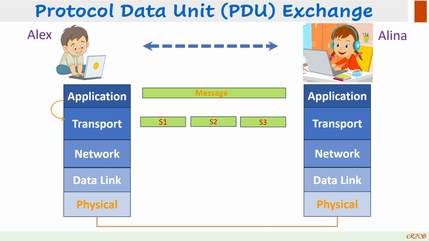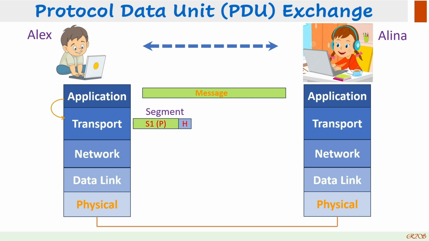The transport layer divides the message into multiple small parts, which we call segments. For example, consider the whole message is divided into 3 segments: segment 1, segment 2, and segment 3. Now the transport layer takes one of the segments and adds its own protocol information, which is called the header.